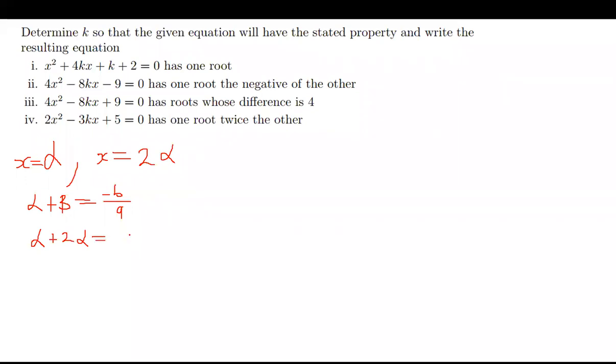Our negative b there will be positive 3k over our a, which is 2. So here what we're going to have is alpha plus 2 alpha, we get 3 alpha, which is equal to 3k over 2.